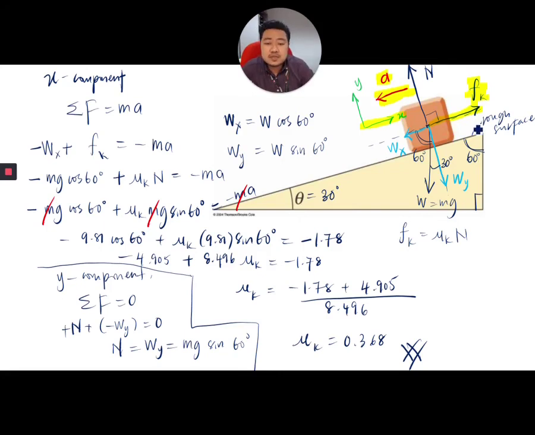For question number 10C, the question asks for the friction force acting on the block. Fk is equal to mu k multiplied with n. mu k has been obtained, which is 0.368, and then we have to multiply with the normal. The normal is also equal to wy, and wy is equal to mg sine 60 degrees.